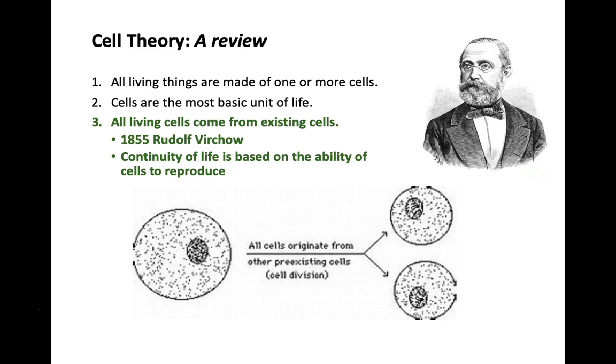So the ability to pass on genetic information is very tightly linked with cell division. So if an organism is going to live and if an organism is going to reproduce and pass its genetic information on to the next generation, it has to copy its genetic material and it has to pass it on in a very specific way so that all of that material makes it to the next generation.